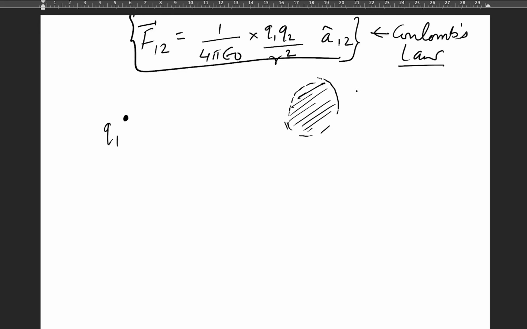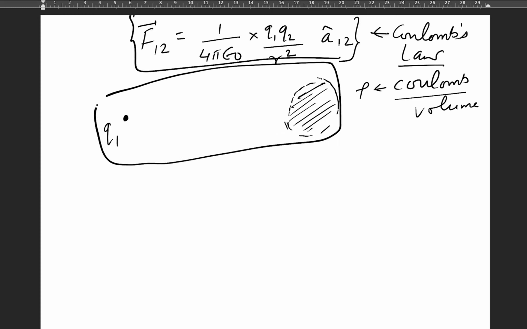Let us say the charge density, meaning Coulomb per unit volume, is given. So how to do that? Such kind of scenario we will see later on, but for that we should know that Coulomb's law follows superposition.